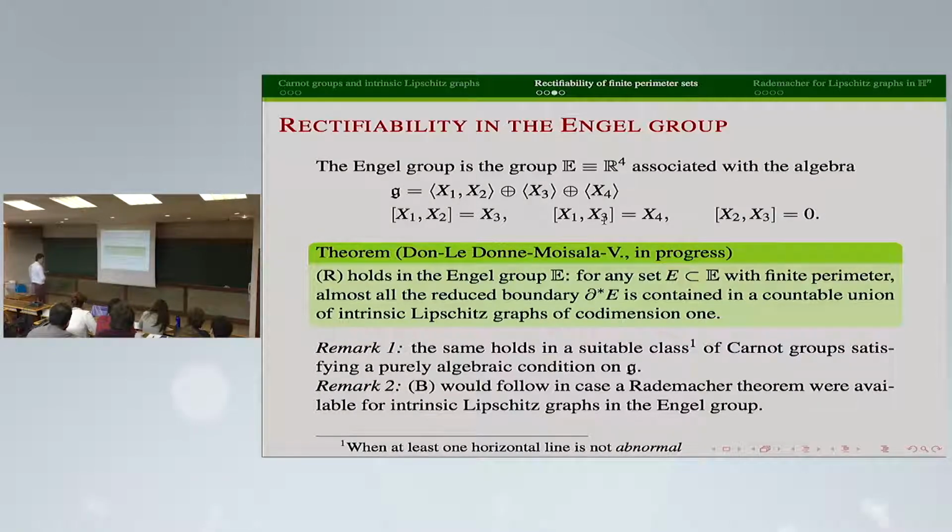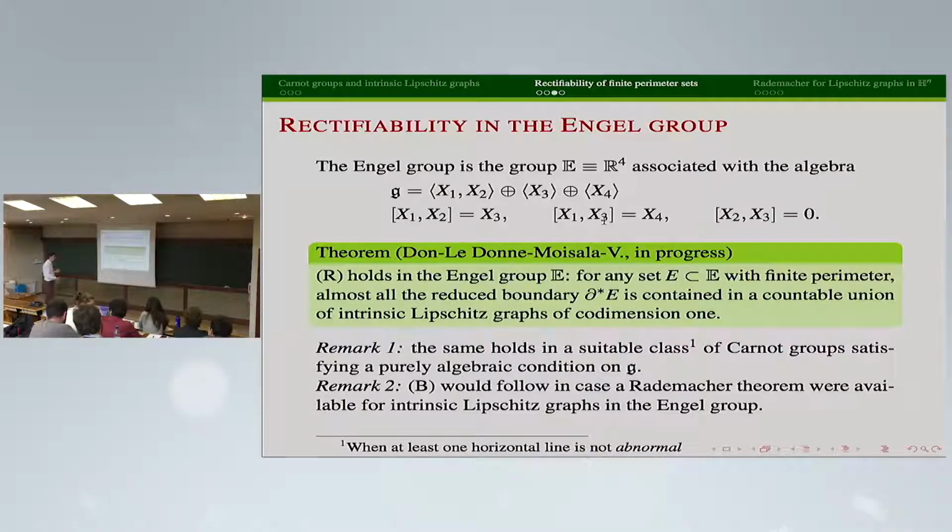The second remark is that the blow-up property would follow from a rectifiability property in case we had at our disposal a Rademacher theorem for intrinsic Lipschitz graphs in the Engel group, and this is not available.